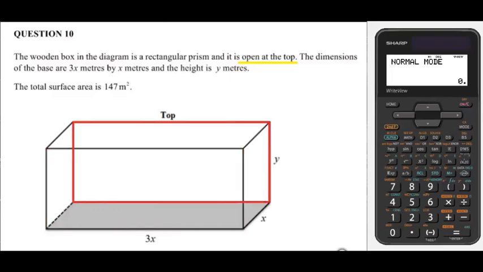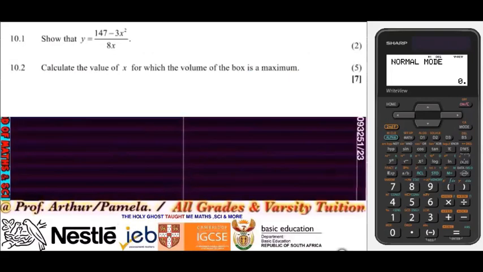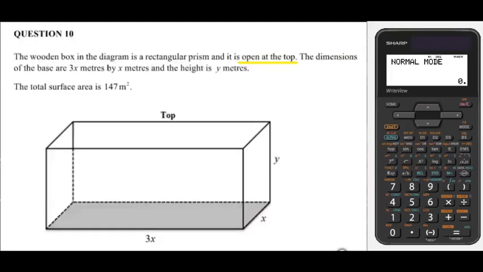They're the same, front and back. So those are the same. When you calculate them, it's going to be 3x times the y. That is for the area. We're not done, but we're trying to get the total area. We know total area is 147. There it is given.